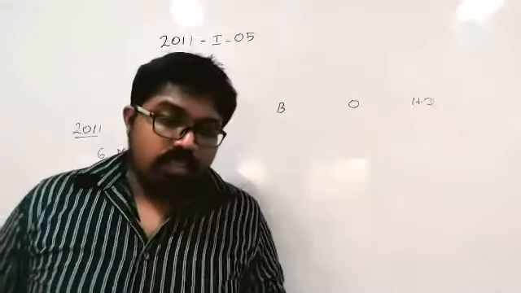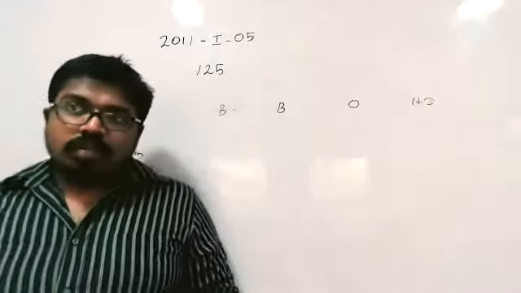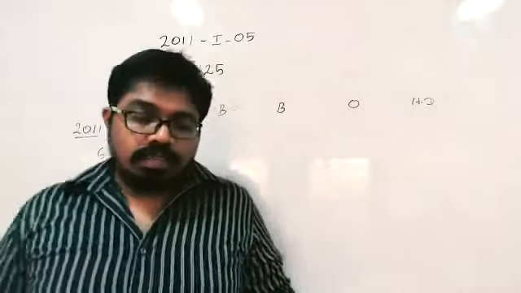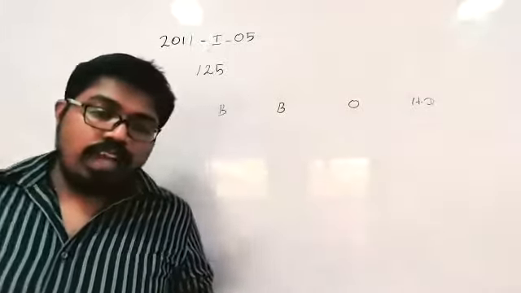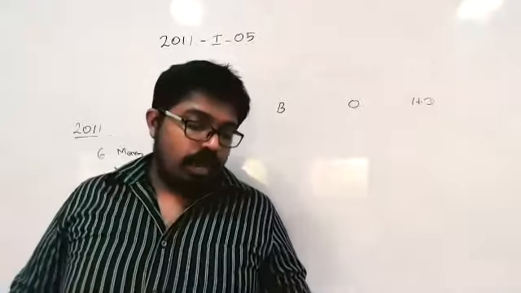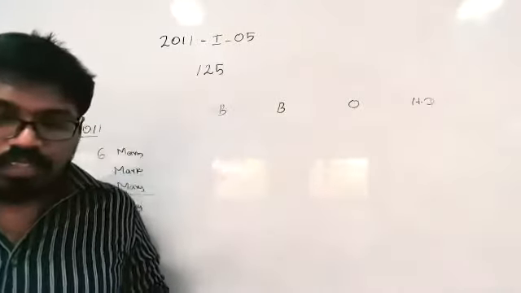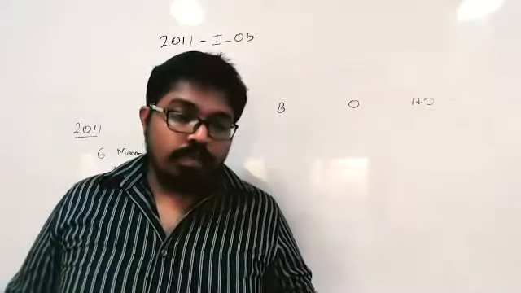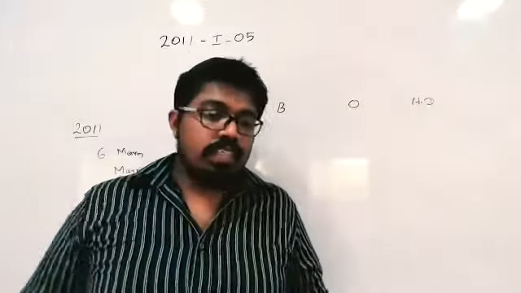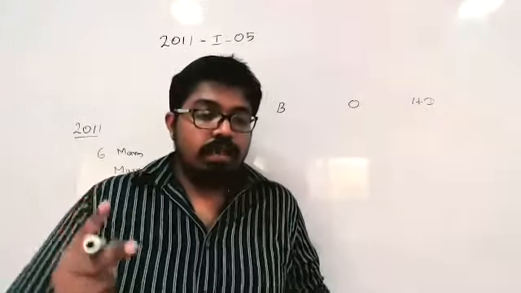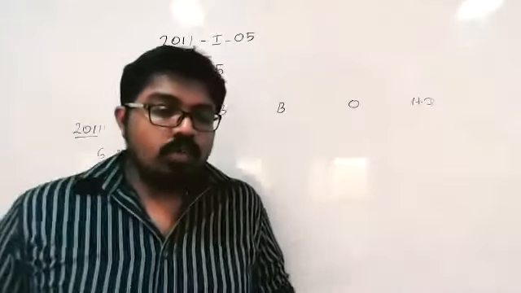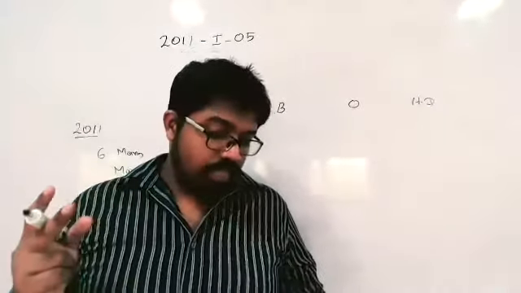But usually, most of the times, the answer will be in the majority answer type. Here there are two binary values given. If you perform the binary conversion, sometimes you can get the answer. Otherwise, you can eliminate two answer options. Right? The two answer options you can eliminate.